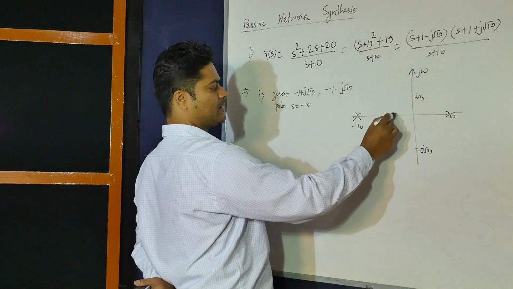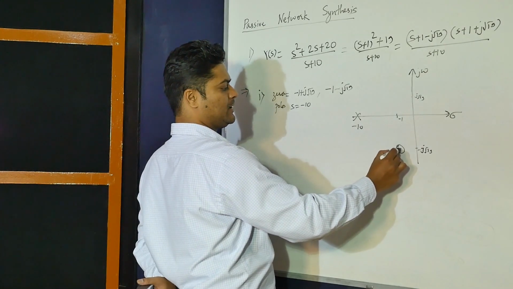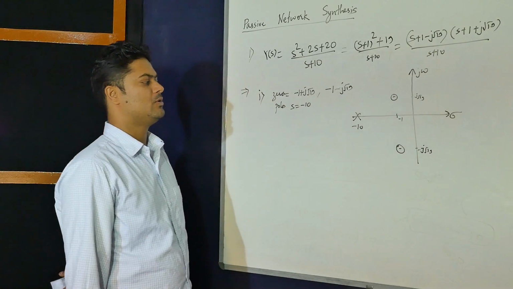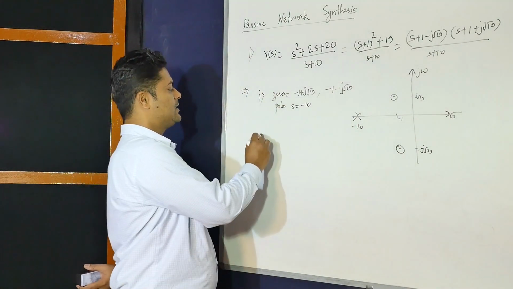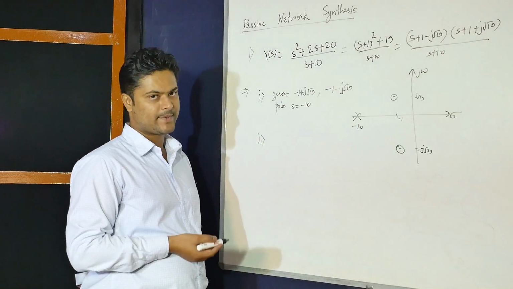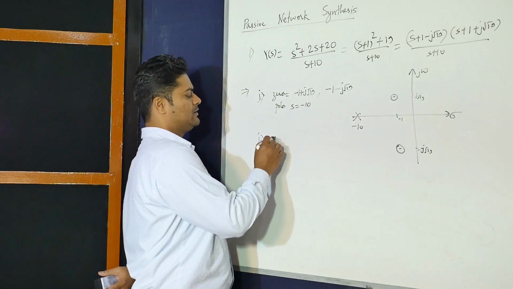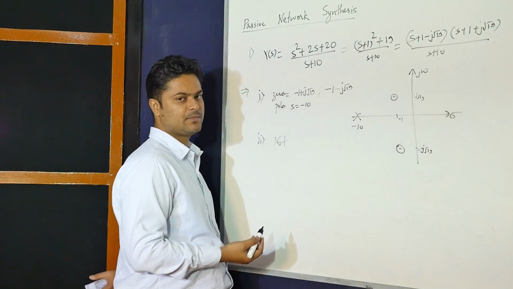So obviously they are on the left side of the plane, so the first test is passed. The second one: are there any simple roots lying on the j omega axis? No, there are no roots lying on the j omega axis. Hence the residue test need not be carried out.